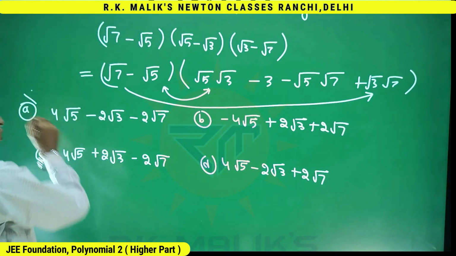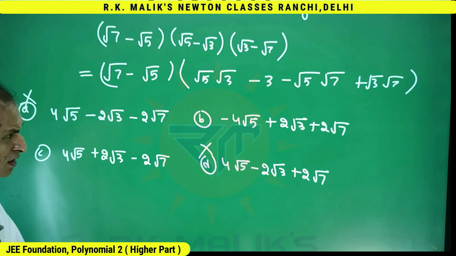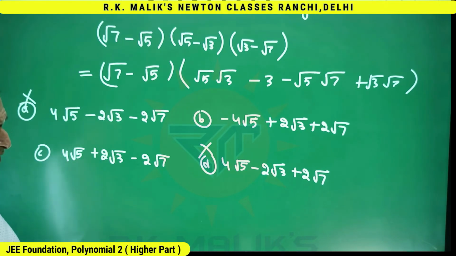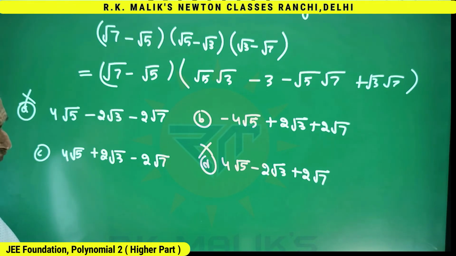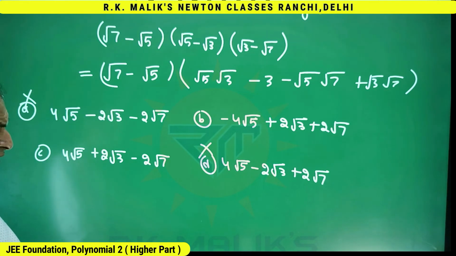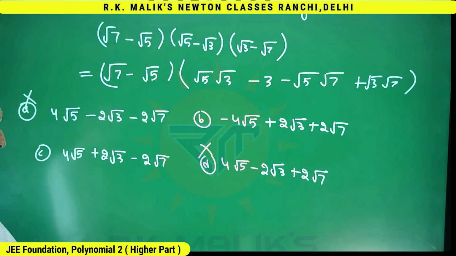This is sure to be wrong and this is sure to be wrong. About B and D, either I can proceed further by looking at the coefficient of root 5 or the coefficient of root 7. But one slightly better way is, I can immediately say that this is the correct choice, this is the wrong choice.